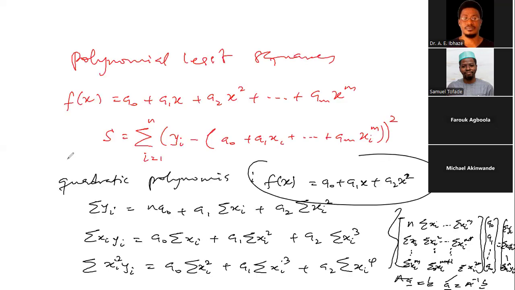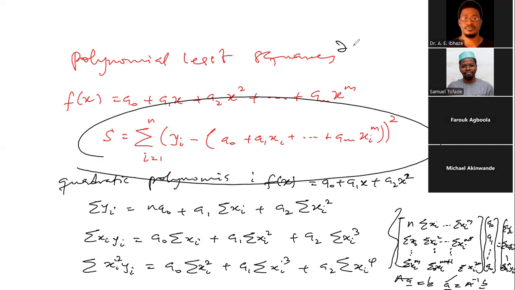I have a question. Go ahead, please. The former slide, the former workspace. In this summation xi square yi, we have a naught summation xi square plus a1 summation xi cube. I don't understand how xi becomes xi cube here. Now you have to solve this. You are literally differentiating S with respect to each coefficient: the derivative with respect to a0 equal to 0, then with respect to a1 equal to 0, then with respect to a2 equal to 0.